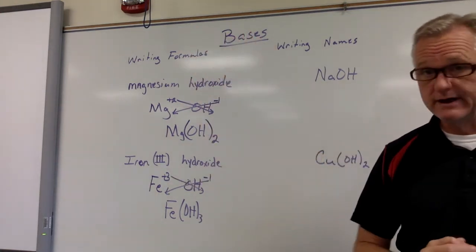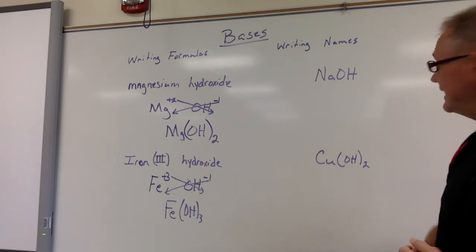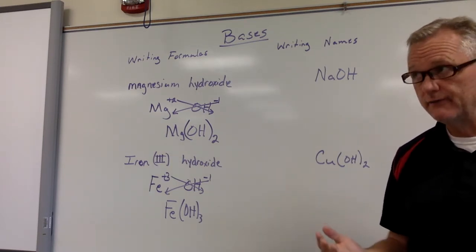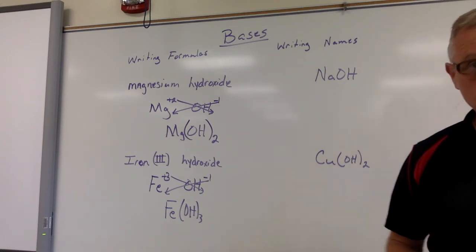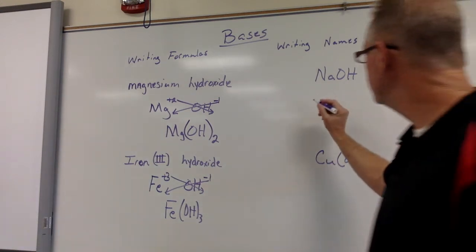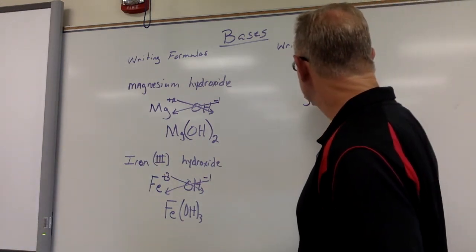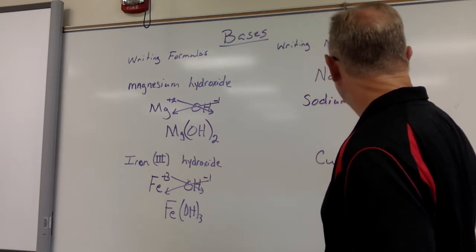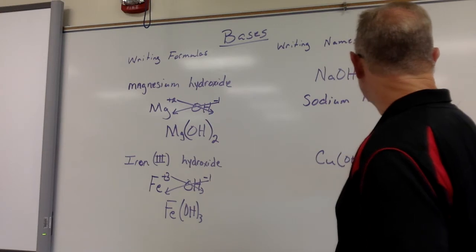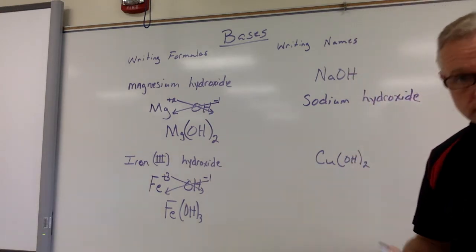Sodium is in group 1, an alkali metal, not a transition metal, so I don't need a Roman numeral. If you don't need a Roman numeral, you just write their names. So this is sodium hydroxide. All right, nothing to it.